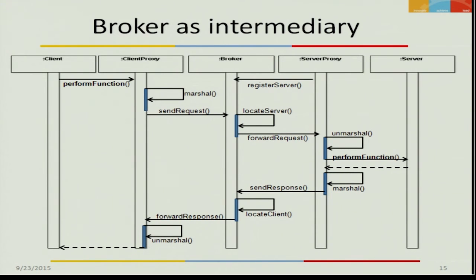Server responds back then with a result. That result is marshaled again, and this marshaled result is sent to the broker, send response method. Then broker takes the responsibility of locating the client and then forwards the response. Client proxy, once it gets the response and of course the result along with it, unmarshals it and then returns it back to the client.